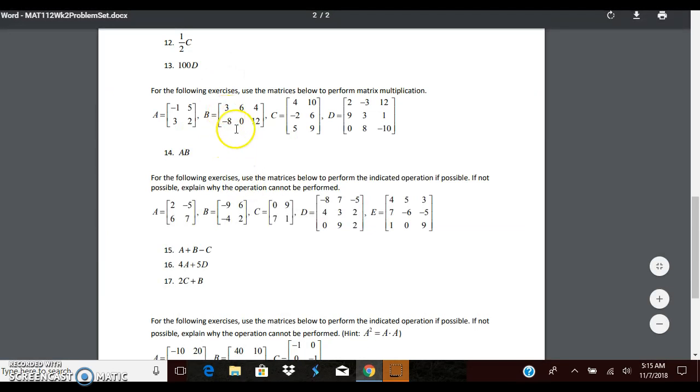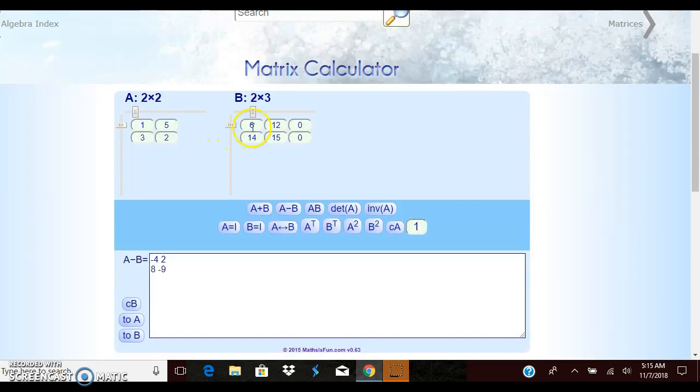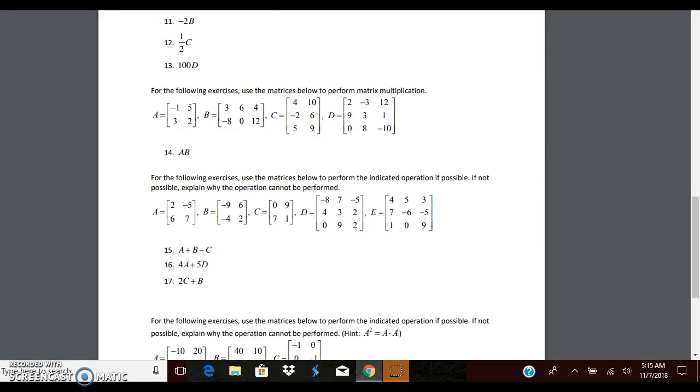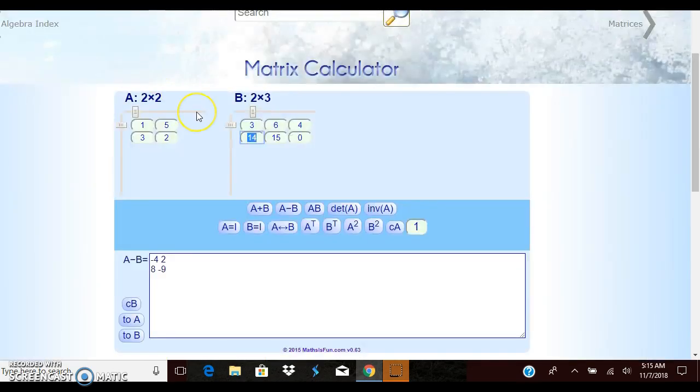And so I'm going to have 3, 6, 4, negative 8, 0, 12. And we want to multiply those, so A times B.